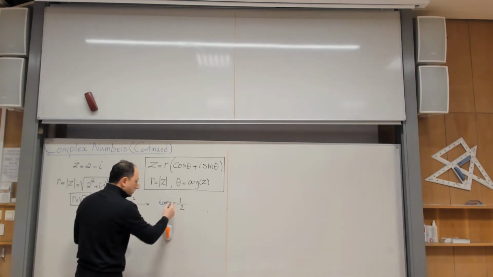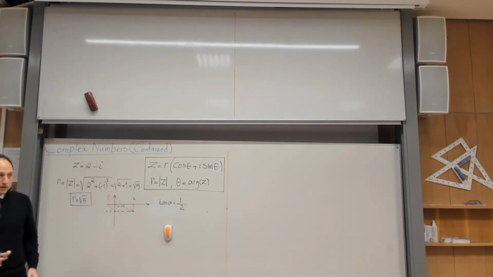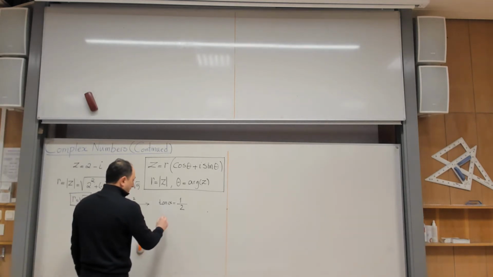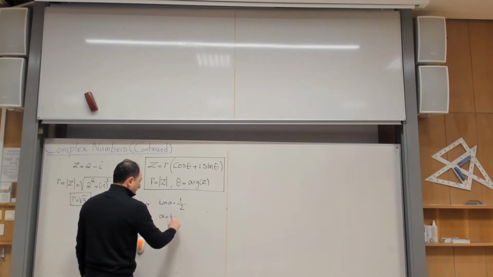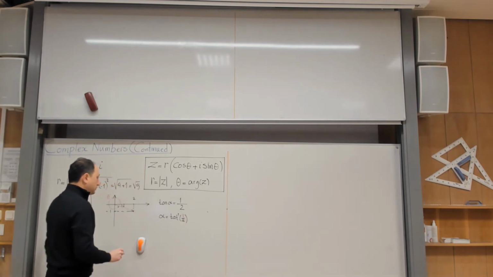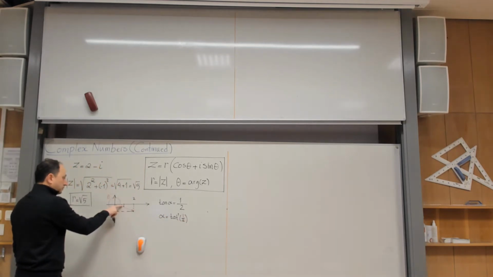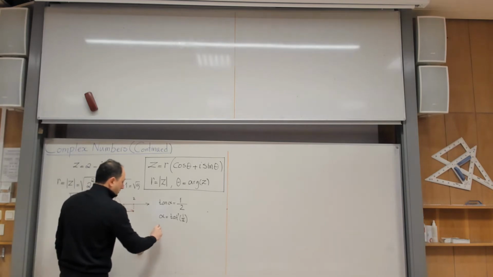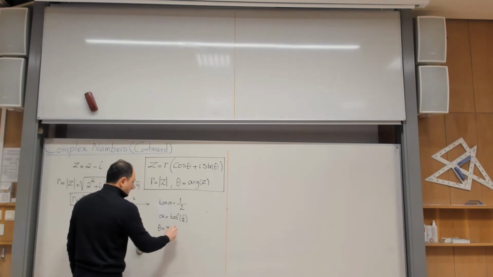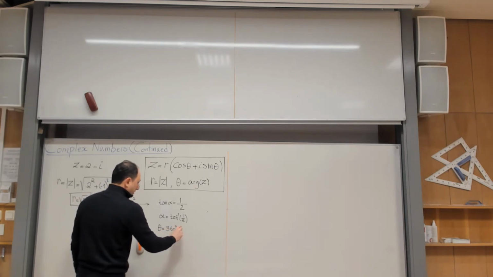But this is not one of those angles that I have in my head. So what you have to do is use your calculator. In that case, if I want to keep it exact, it becomes tangent inverse of 1 over 2. But tangent inverse of 1 over 2 is this angle alpha, and you are looking for theta. So theta becomes, for example, if you go to degree mode, 360 degrees minus tangent inverse of 1/2.